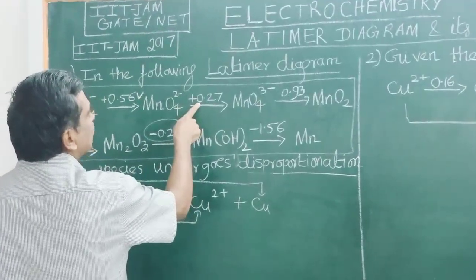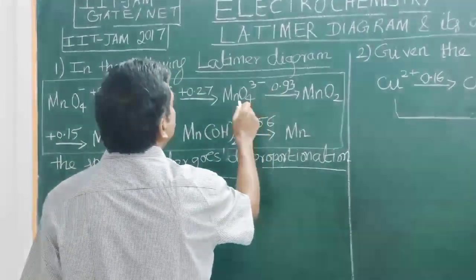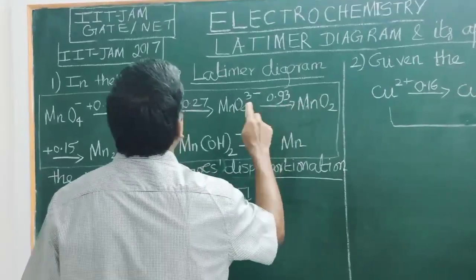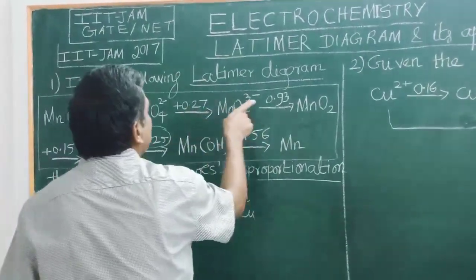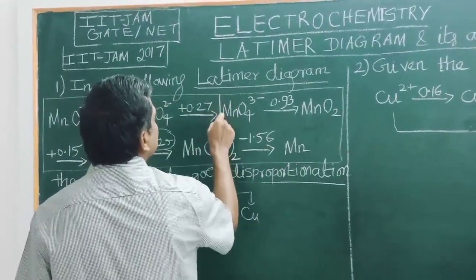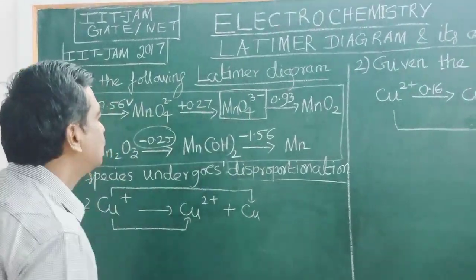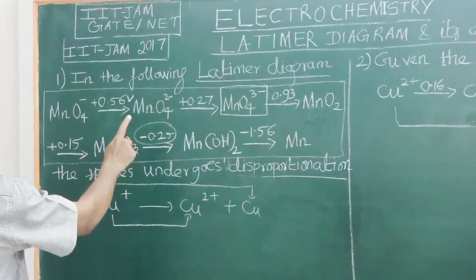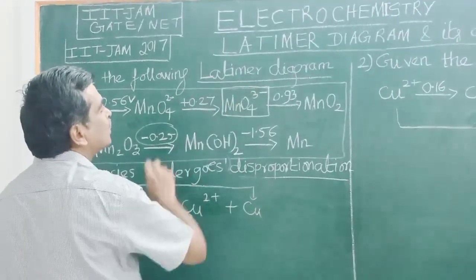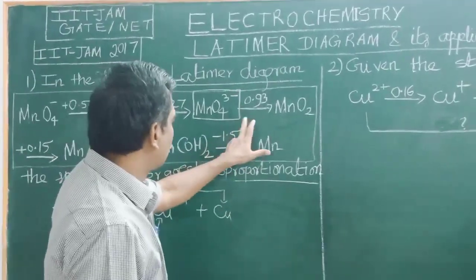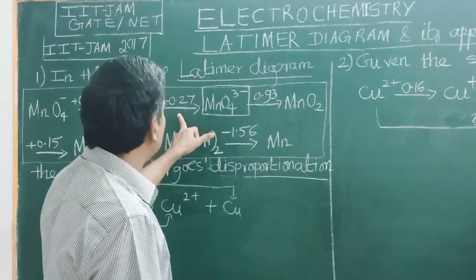It is decreasing, but in this case it is increasing. It should be less than 0.27. Therefore, this species undergoes disproportionation. In this case, MnO4 3 minus undergoes disproportionation because the potential to the right is greater than to the left.